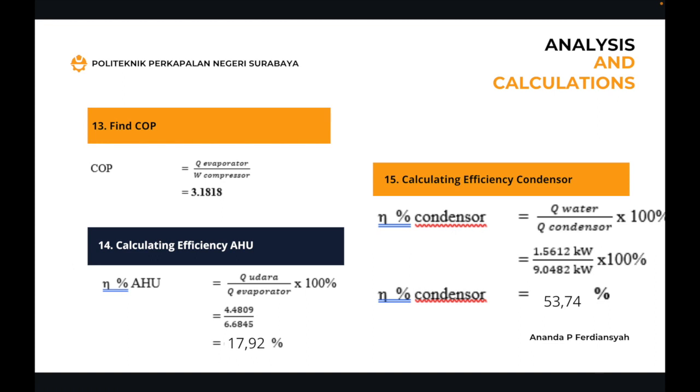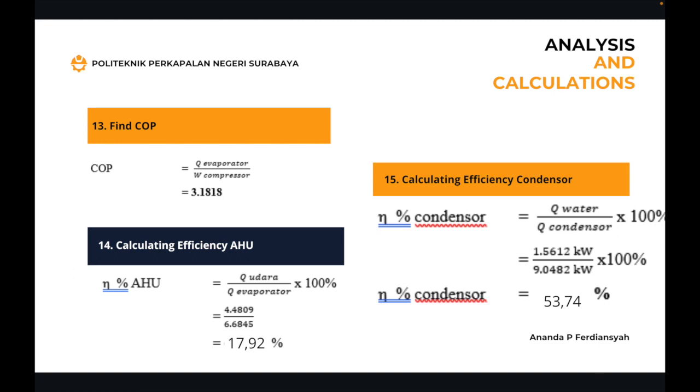And next is find COP or coefficient of performance. Coefficient of performance is obtained by dividing Q evaporator by W compressor. Also, calculating efficiency AHU, same, but we use Q air divided by Q evaporator times 100%.